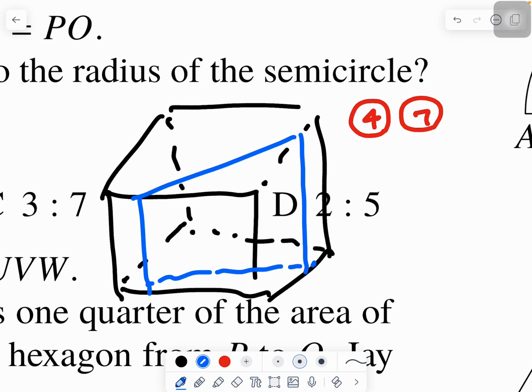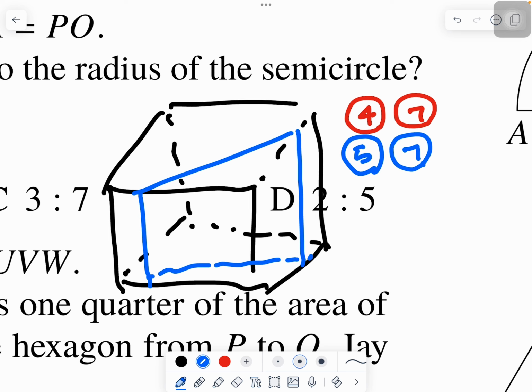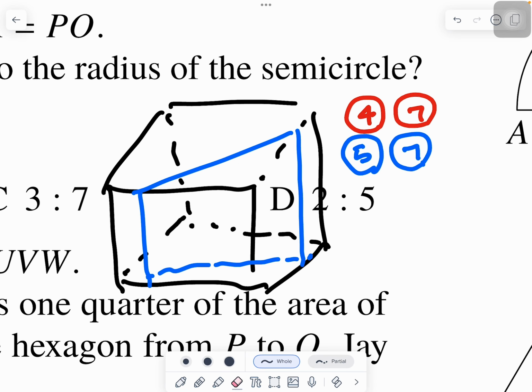In this case, the smaller part is 1, 2, 3, 4, 5. So we made a polyhedron with 5 faces. And the other side, 1, 2, 3, 4, 5, 6, 7. Oh, still 7. So we can make 5-faced polyhedra. Why do I keep saying tetra?